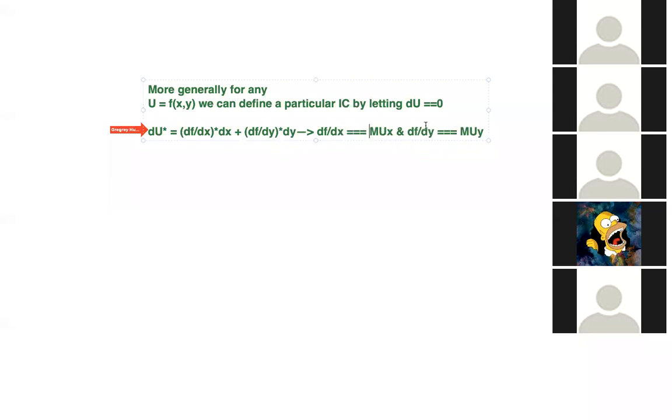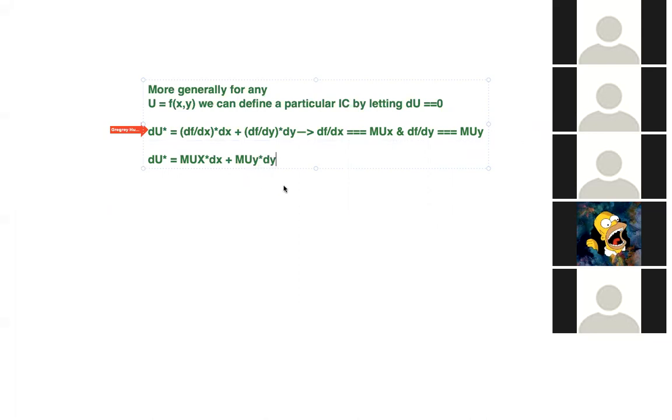Yeah. So now we're gonna go ahead and say, okay, again, we have du star, we make our substitutions, and we'll say it's gonna be mux times dx plus muy times dy. So you see the simple little substitution that I made there?